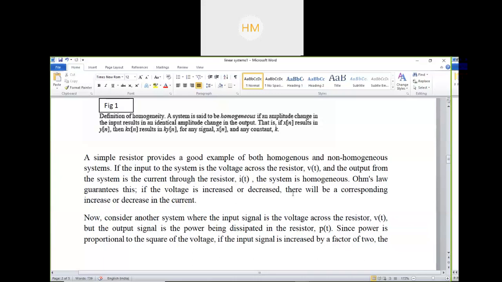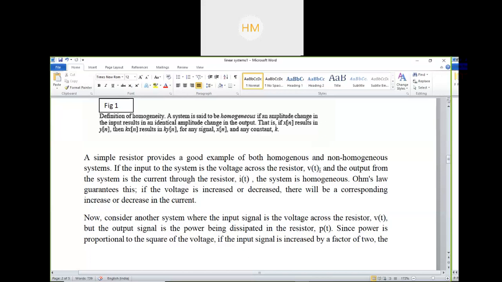through the circuit, and through Ohm's law, if the voltage is increased or decreased, there will be a corresponding increase or decrease in the current. We know Ohm's law: V equals I R. So R equals V by I. Current is flowing through the resistor.